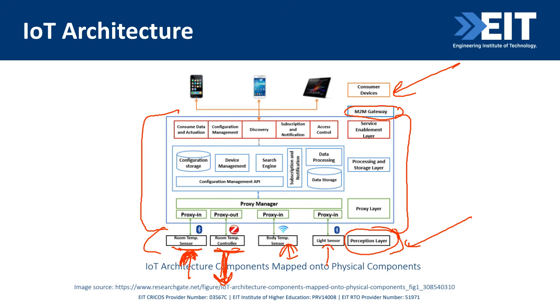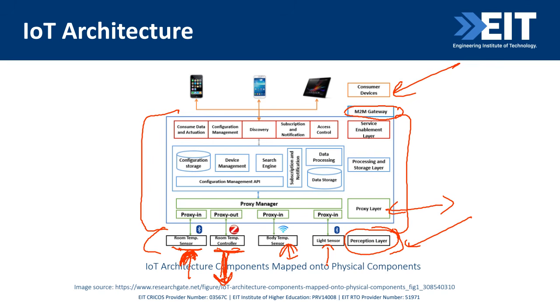Now, between them, we have other detailed layers, like here we have a proxy layer. It's where the proxy manager is, just like on a controller, you would have to connect things. So on the controller, you connect a sensor as an input, you connect an actuator as an output. While here on the proxy layer, it's something very similar. My proxy in is when I'm connecting a sensor into that system.